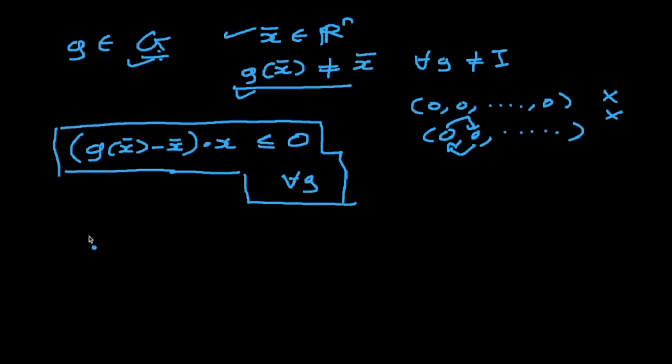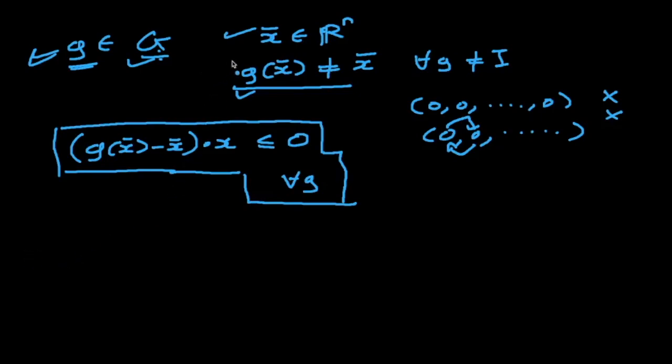Now there are some tweaks to this. So first of all, sometimes there can be too many g's, too many symmetric permutations. So this number of inequalities can be too large, and that can sometimes be an issue, right? So if we have a fundamental region but that is too large to describe in terms of inequalities, then it's of no use, right? So there are other properties that are defined like this.